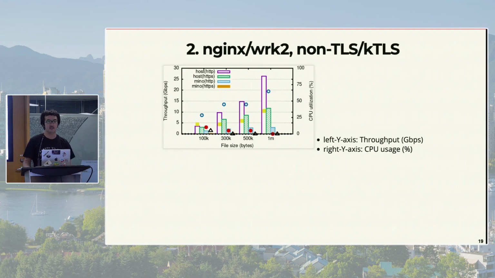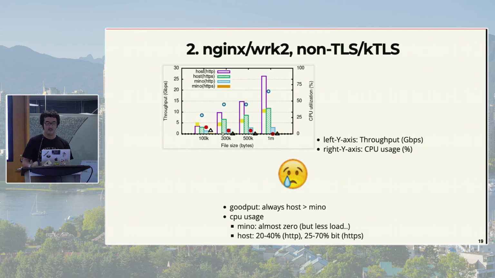So here is the result of this Nginx benchmark. The colors and the bars are almost the same as the netperf version. And as you can see, the offloaded version is not performing well compared to the non-offloaded version. So the goodput is the same as the netperf result.